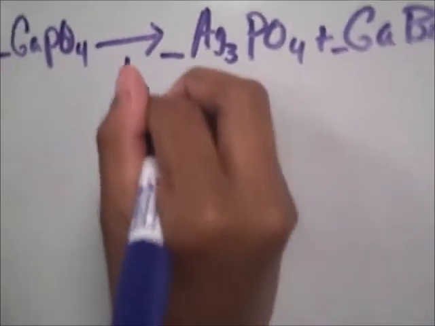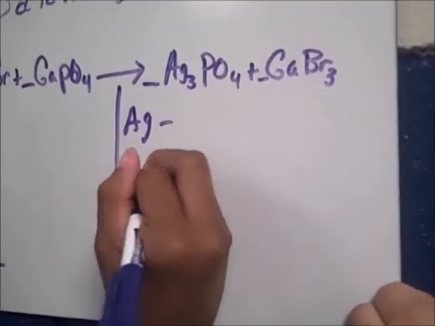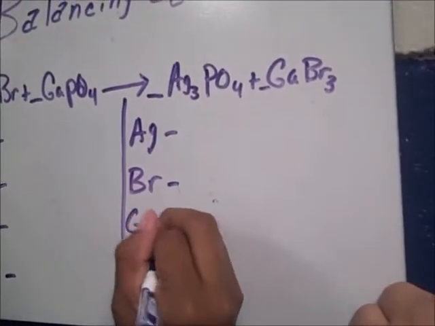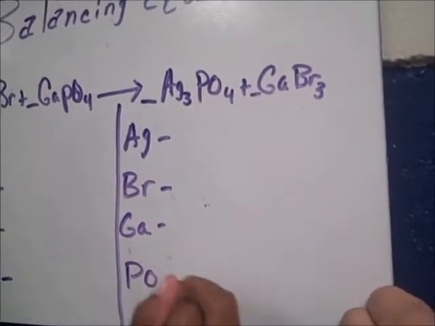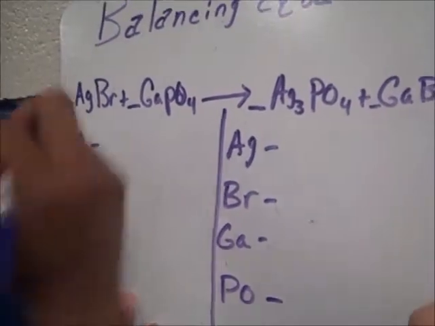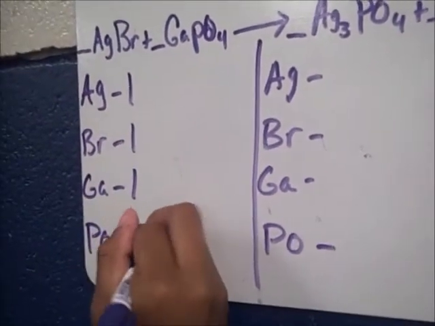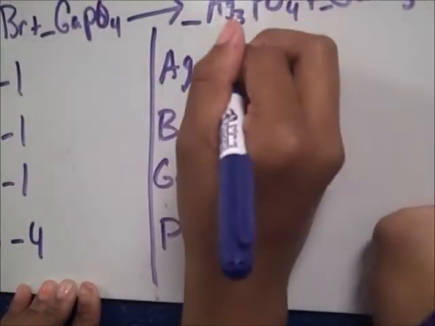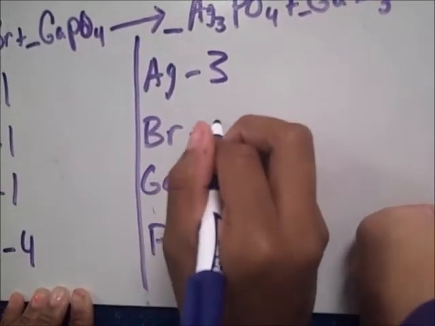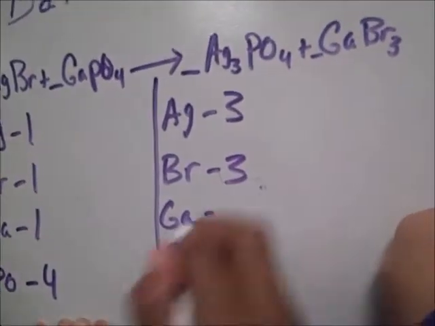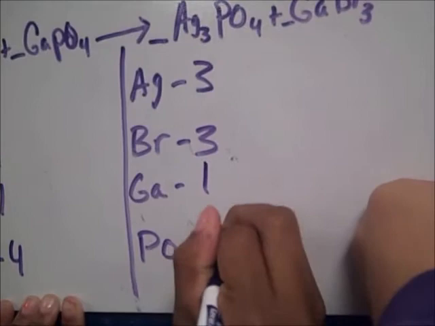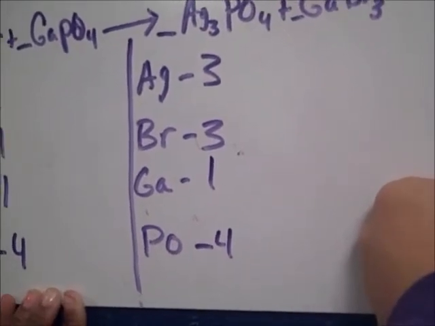Same thing. Okay, right here we only have 1 Ag, 1 Br, 1 Ga, and we have 4 POs. On this side we have 3 Ags, 3 Brs, 1 Ga, 4 POs.